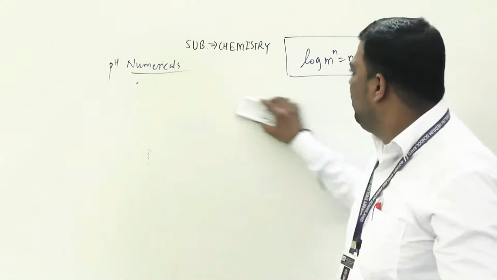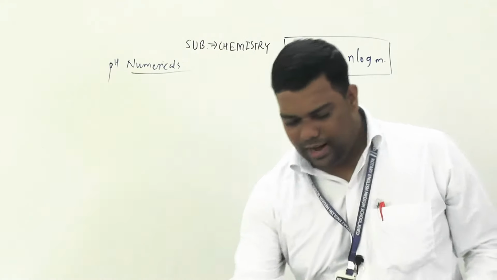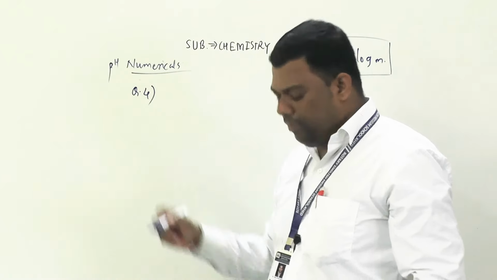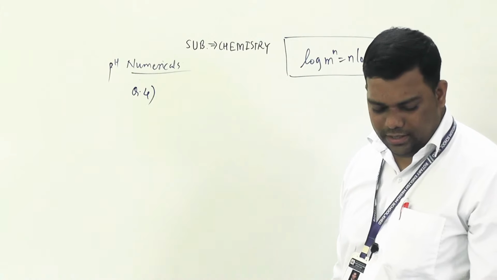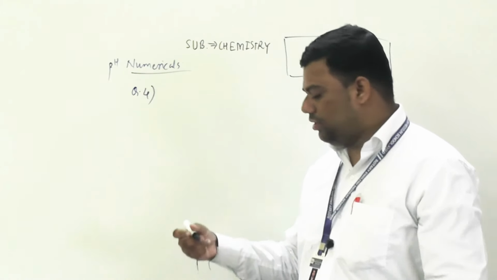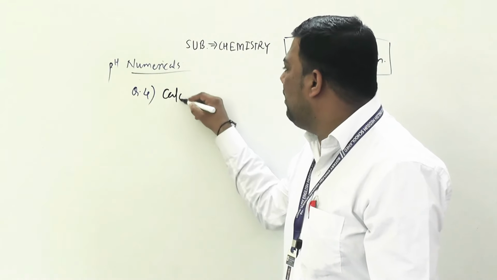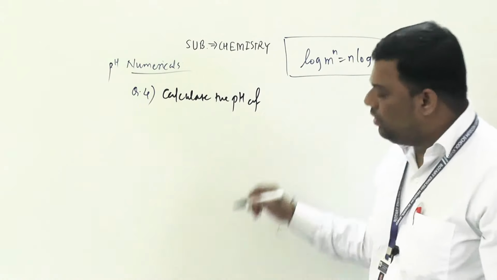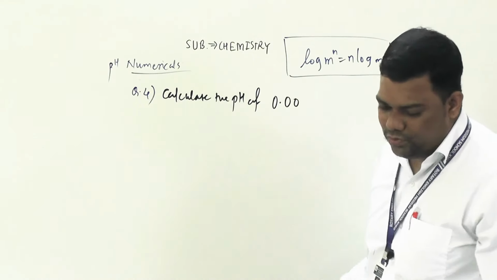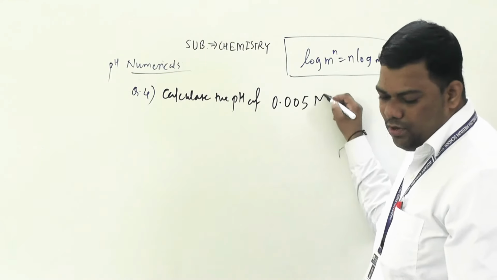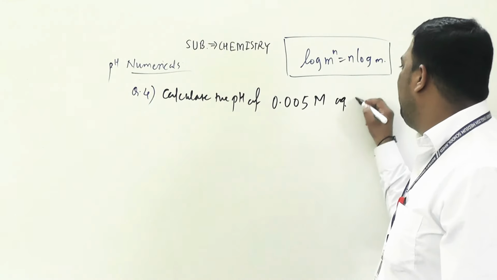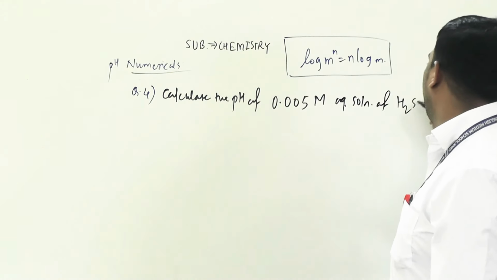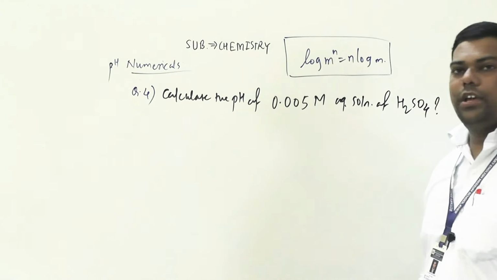In question number 4, what do they ask? Calculate the pH of 0.005 molar aqueous solution of H2SO4.